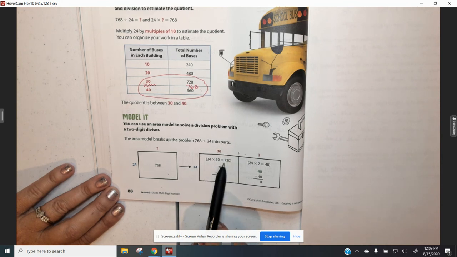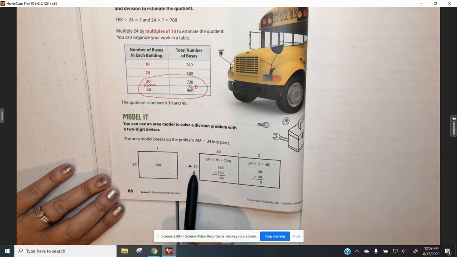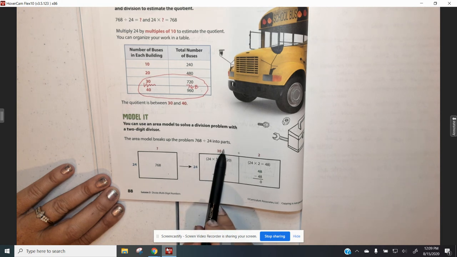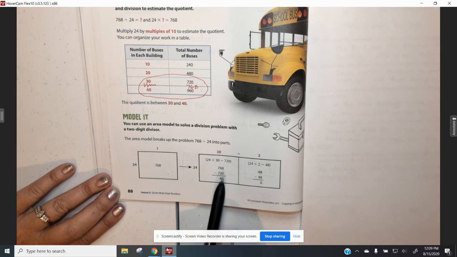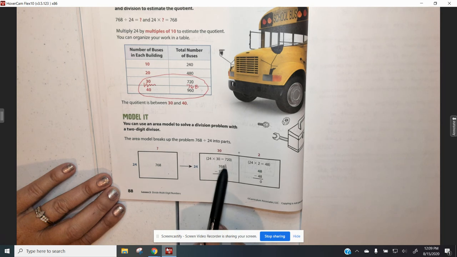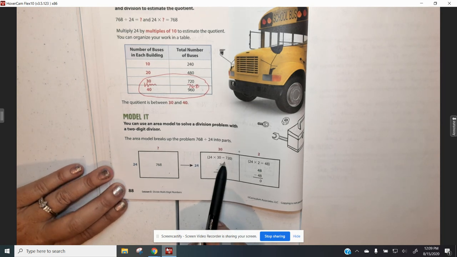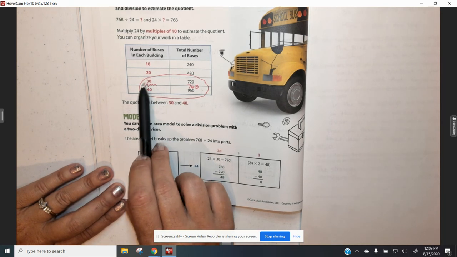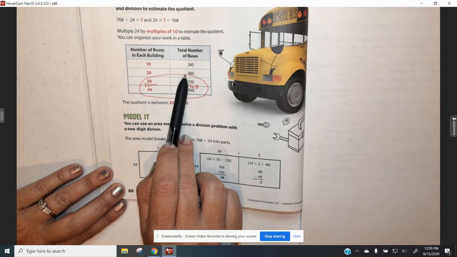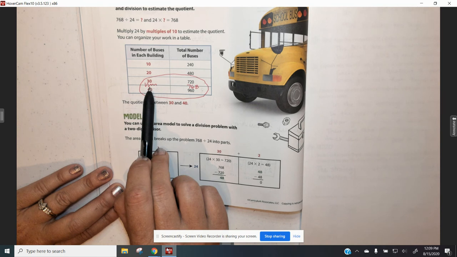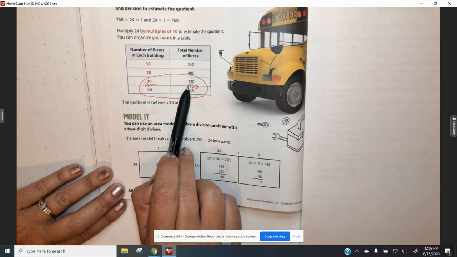And then before you start, you're going to say, how many times does 24 go into 768 without going over? So we look up here and we go, okay, 24 times 20 is 480. 24 times 30 is 720.